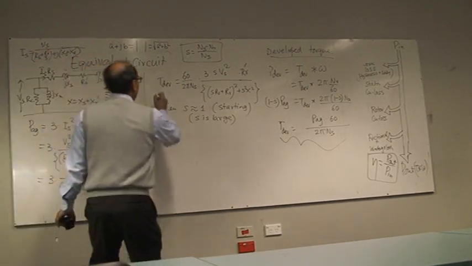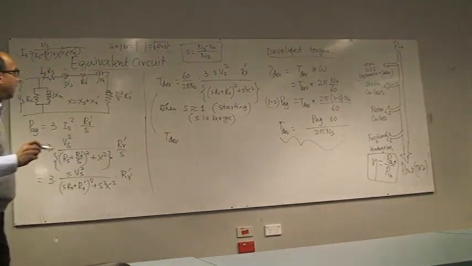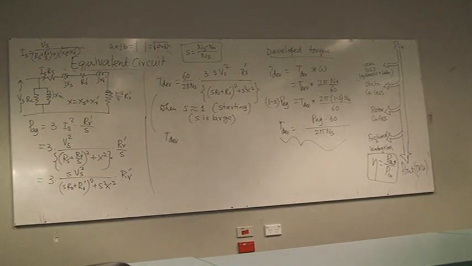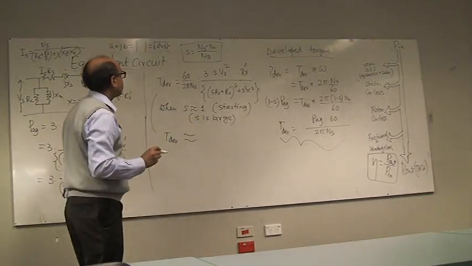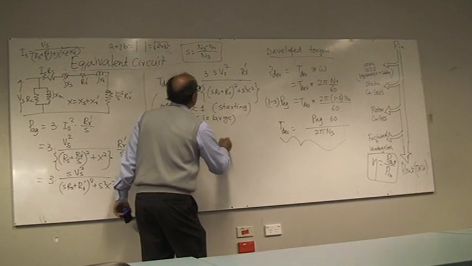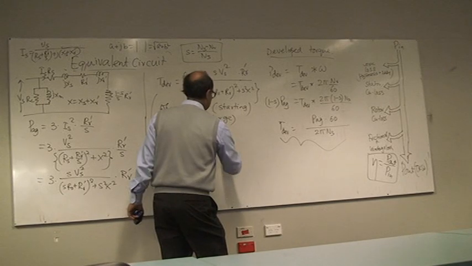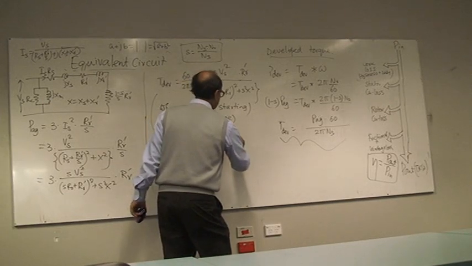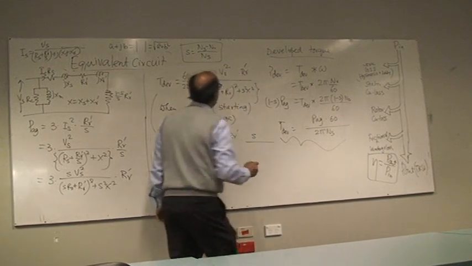So if you approximate the term, what do we actually get? 60 by 2 pi n_s all will stay, isn't it? 3 V square, all will stay. R dash will stay. So you have s at the numerator.